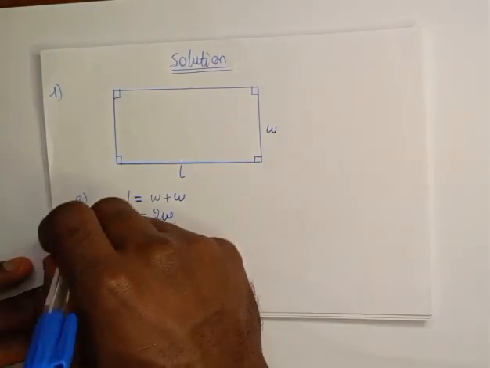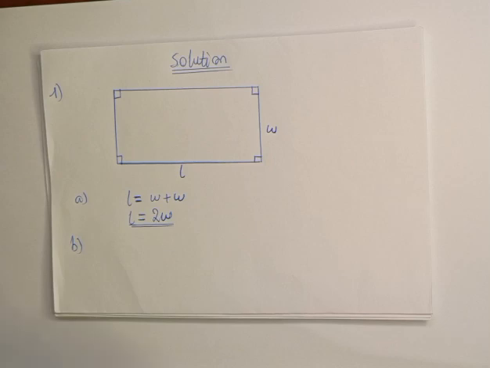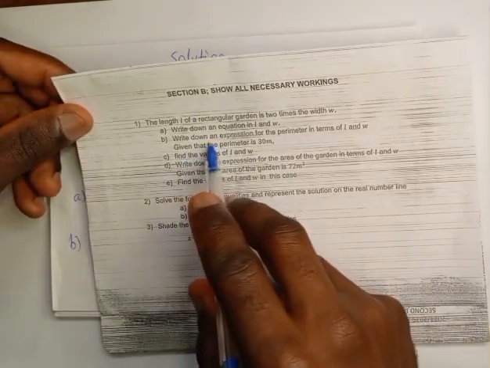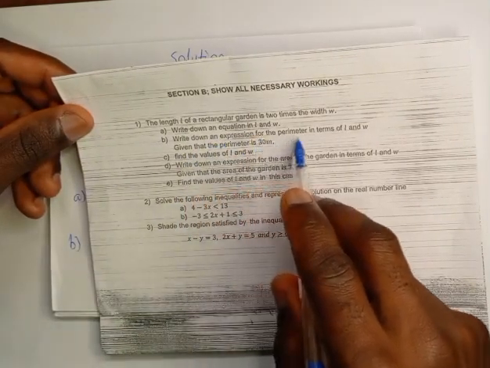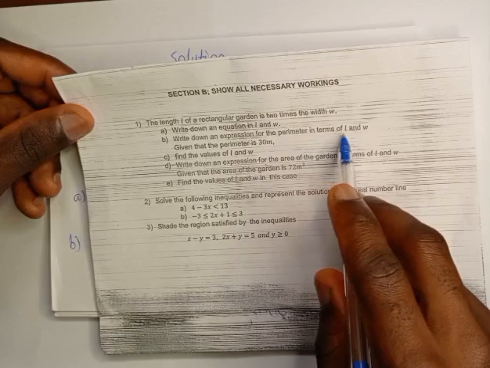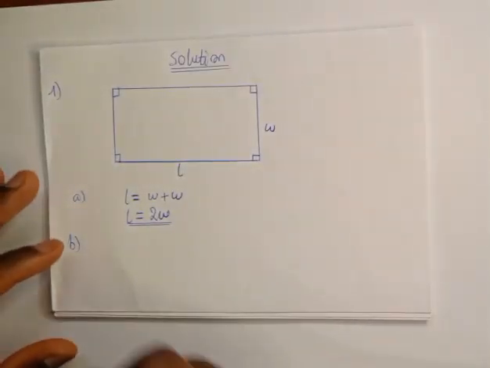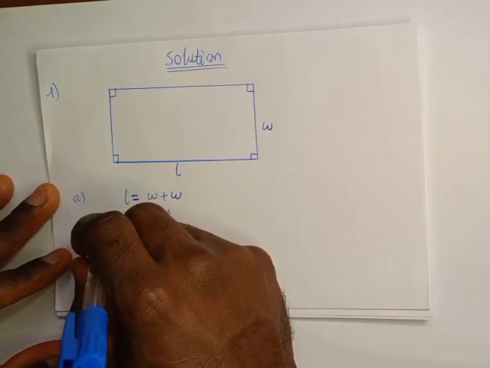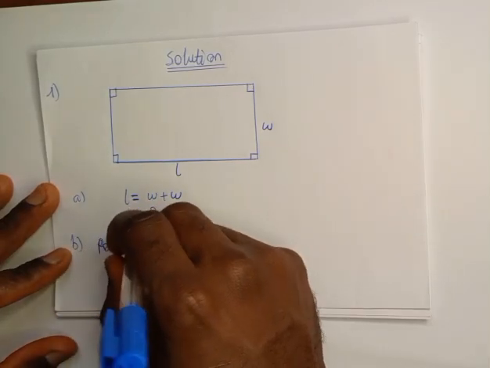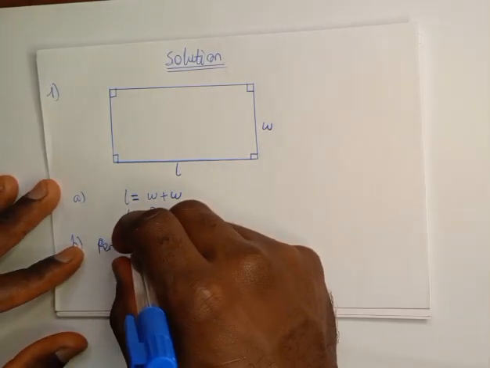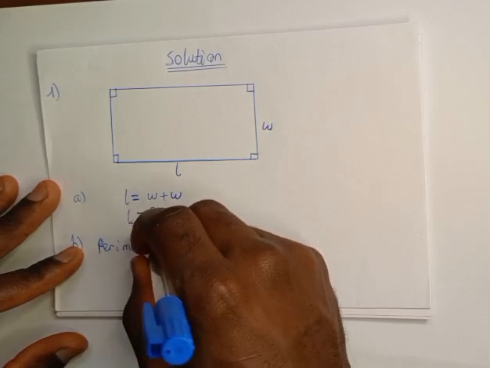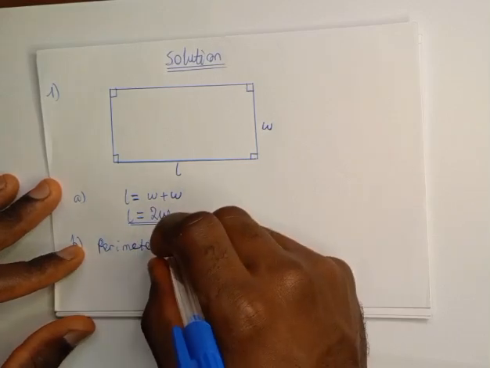Go to question B. Question B says write down an expression for the perimeter in terms of L and W. When you talk of perimeter, it is simply the distance round the rectangular garden.